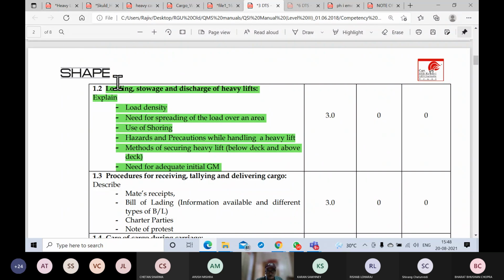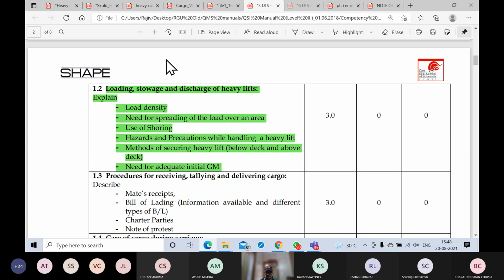Remember we talked about it. Because your cargo is being lifted by the ship's gear, with the ship's gear. So as the cargo is being picked up, the weight of the cargo is shifting to the crane head or derrick head. Your KG is going upward. It is rising. Consequently your GM is reducing.